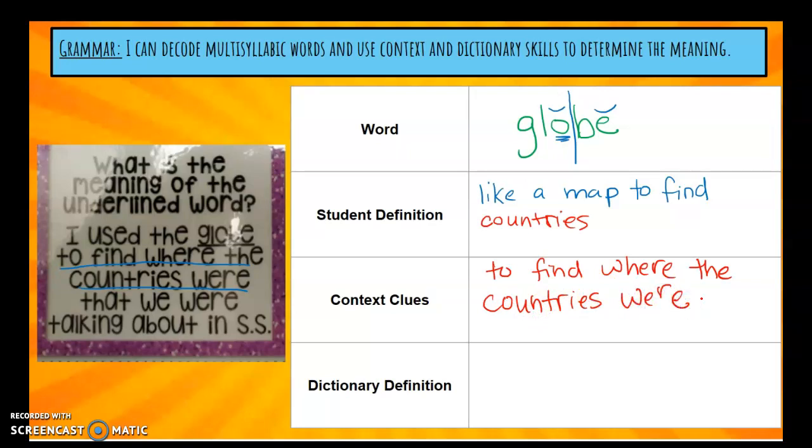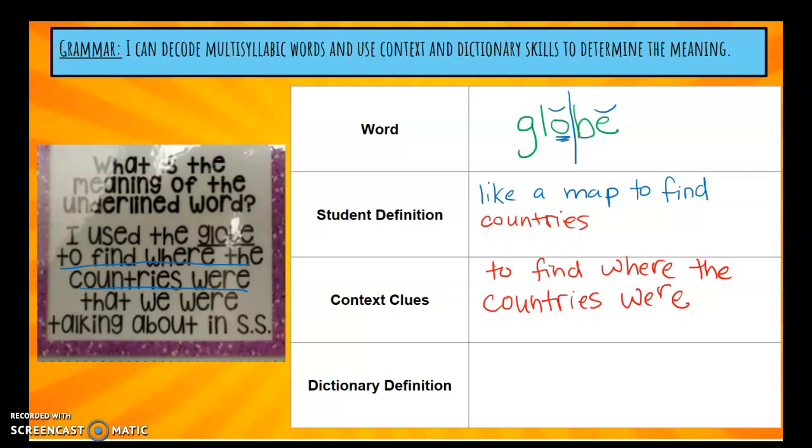So now I'm going to look it up in my dictionary. So let's look in our dictionary for this word. We have the word globe. So I'm going to go to my G's now on my dictionary. Remember, everything is alphabetized. My G-O. Oh, I got to keep going. There we go.